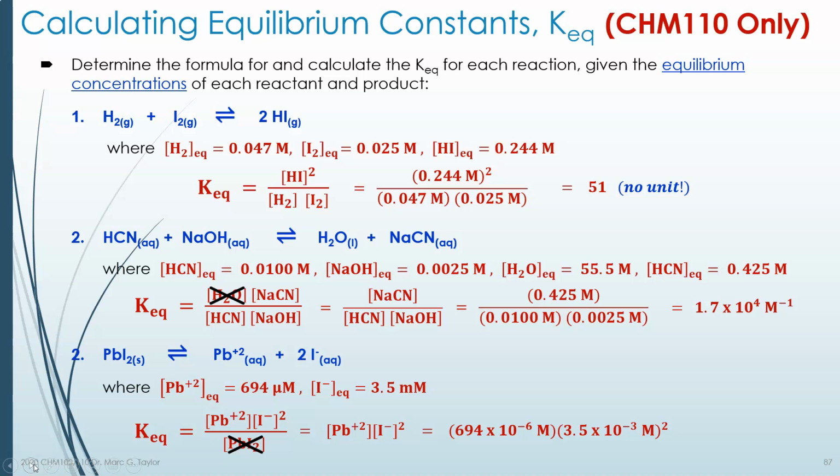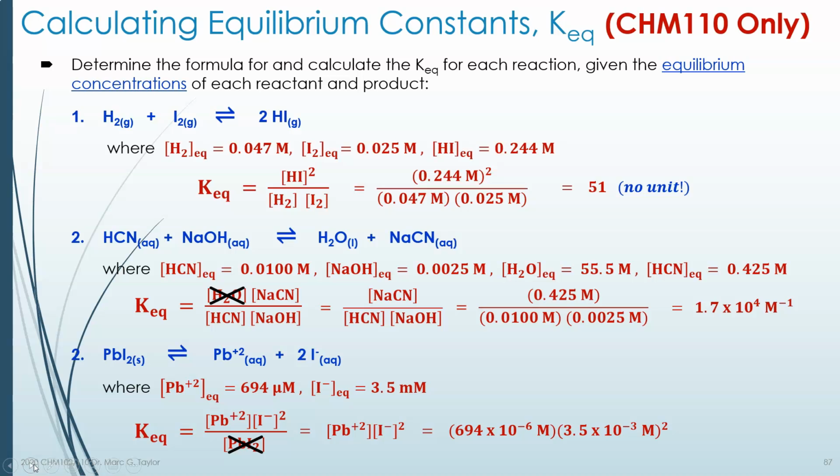You could literally type it in your calculator as 694, hit the enter exponent button for scientific notation, the EE button, and then type in -6. And so it will know 694 times 10 to the -6. Yes, that's the same thing, for those of you who are good at math, as 6.94 times 10 to the -4, but you don't have to deal with that. Put it in your calculator this way, and your calculator will understand it.